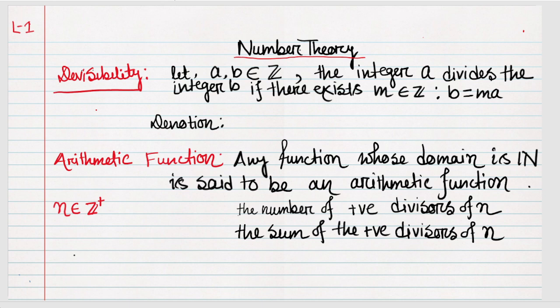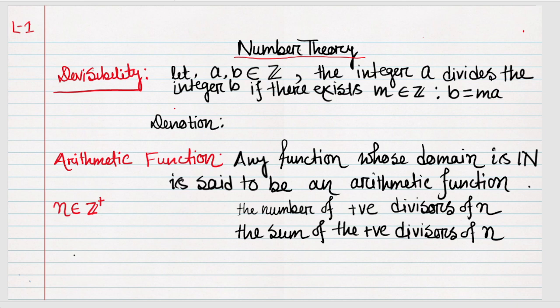Initially we have to know what the actual definition of divisibility is. An integer b is said to be divisible by a, obviously a not equal to 0, if there exists some integer k such that b equals ka, or here I mentioned b equals ma.